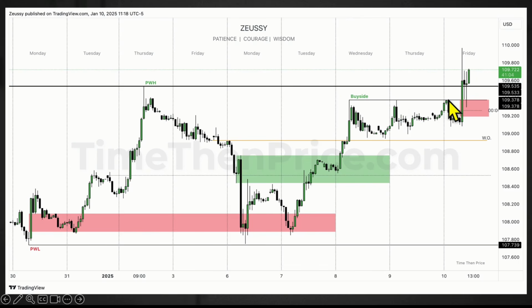So when this occurred, to me, it was already pretty certain that we would likely see NFP get utilized to reprice towards these relatively equal highs and towards the buy-side liquidity pool objective of the previous week's high. Does that mean that we would trade in advance of NFP? Absolutely not.